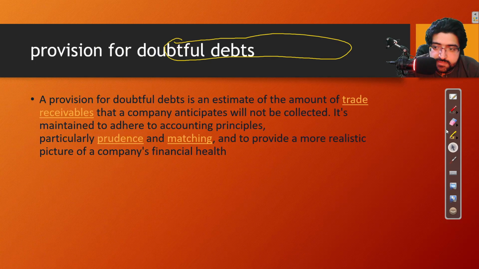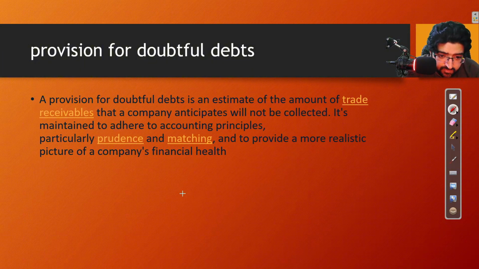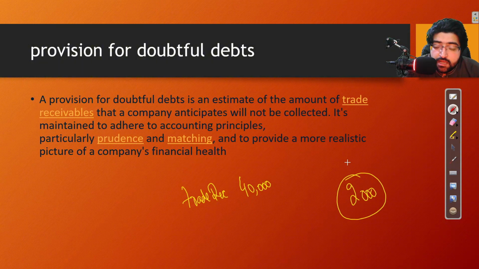Let me read this first and then explain in my own words. A provision for doubtful debts is an estimate of the amount of trade receivables that a company anticipates will not be collected. Okay. For example, your trade receivables are 40,000, but your company knows that out of this, 2,000 will probably not be received.